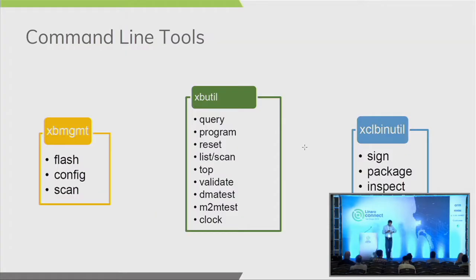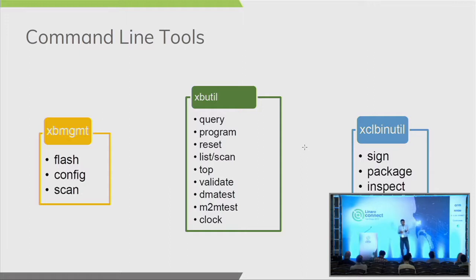Touching upon the XRT command line tools, we have tools for configuring the device, like flash update, so the shell itself will get updated, and we'll look at the shell in a little bit. You want to configure different aspects of the device. As a system administrator, you want to scan for devices.